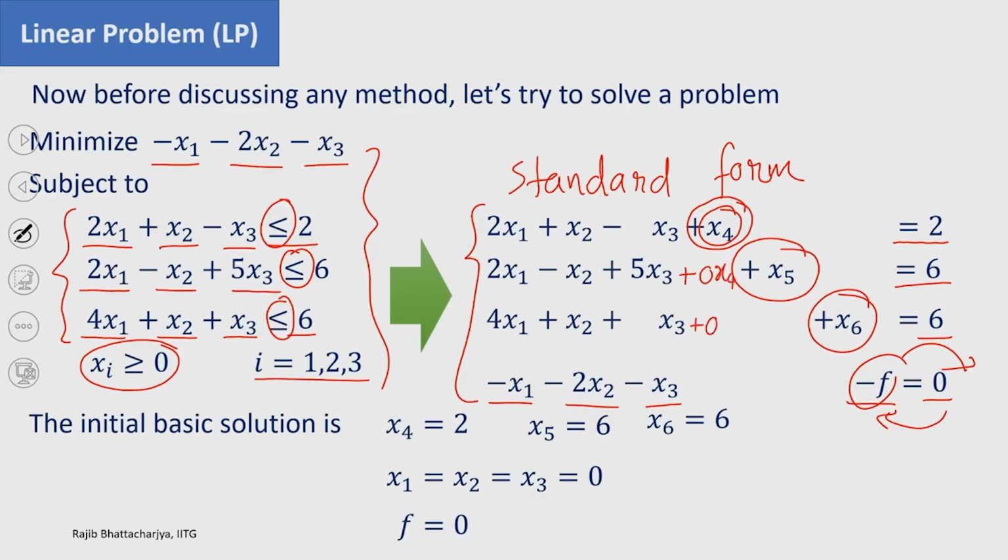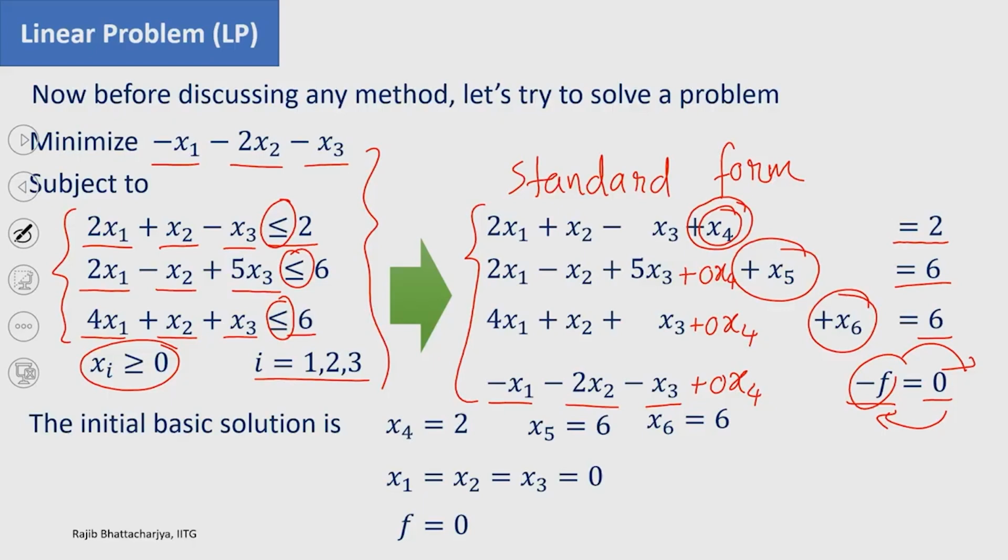So now I am getting a variable x 4 whose coefficient in equation 1 is 1, and in the other equations it is 0.